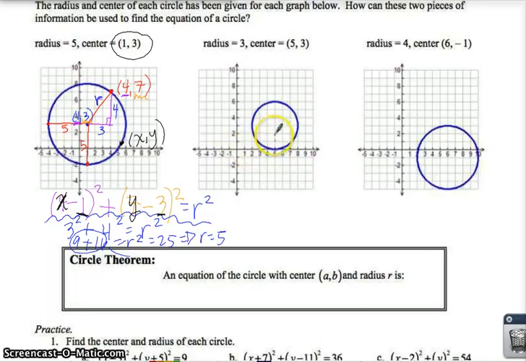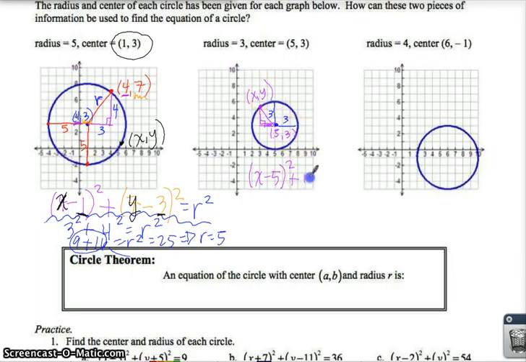Here we have a center at (5, 3). It has a radius of 3 units. Again, we can count it horizontally and vertically. It's obvious. But if I wanted to identify an equation of a circle for any point out here on the edge of the circle, I wanted to create a right triangle. Then what am I going to do? This center point is (5, 3). Again, I'm going to do (x minus 5) quantity squared.